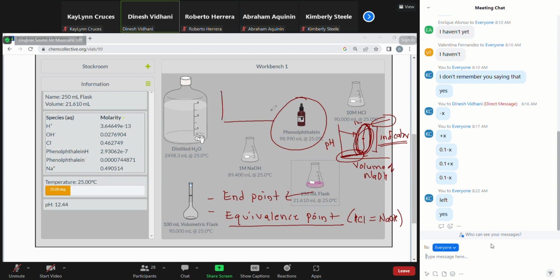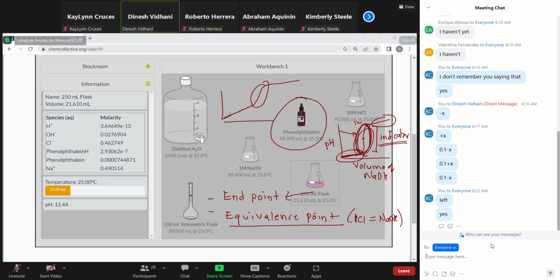Now, if you take a weak base and a weak acid, then in that case, what happens? There will be a change in pH, but it's not going to be much. There will be only a very, very small steep rise. Why is that?